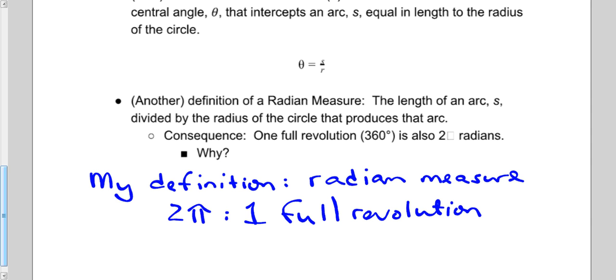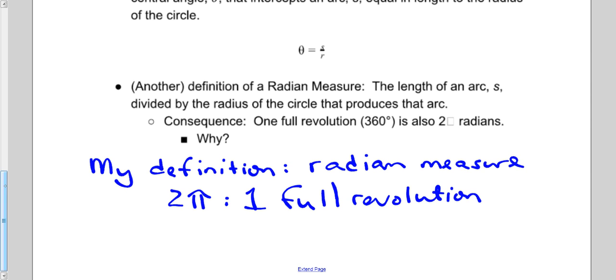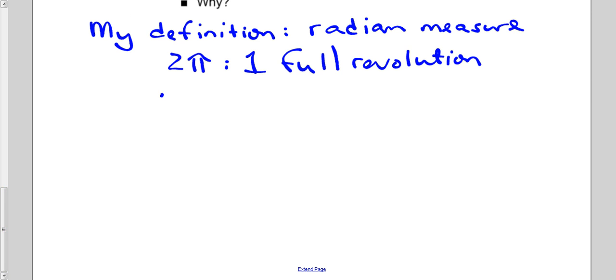Two pi is 1 full revolution. Now, as a consequence of that statement, therefore, how many degrees does 2 pi equal? 360. Good. 360.